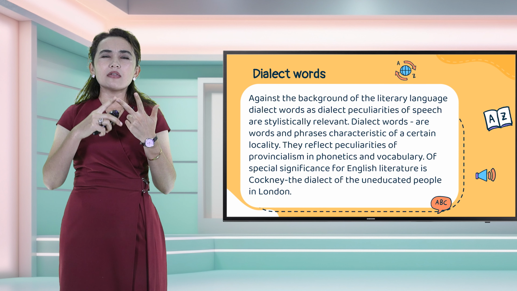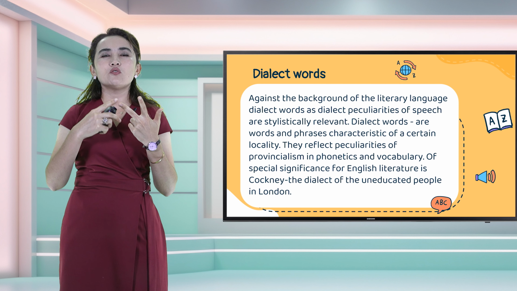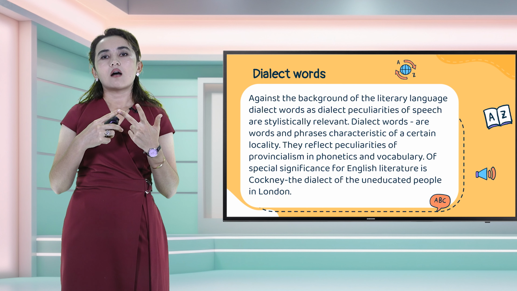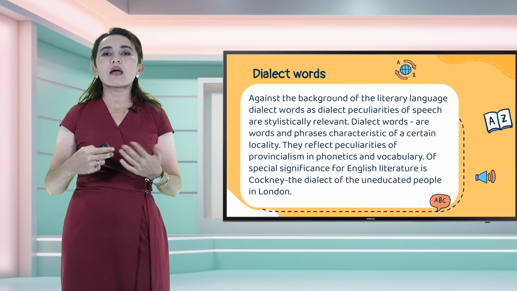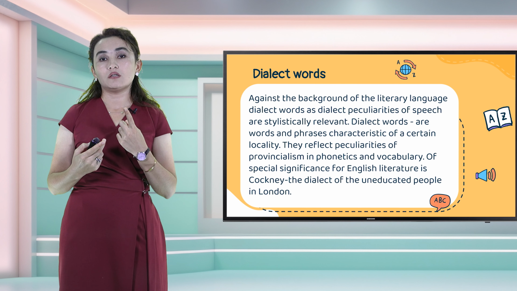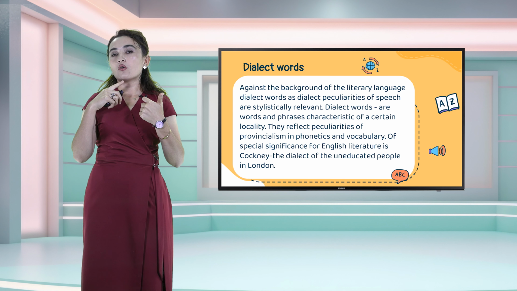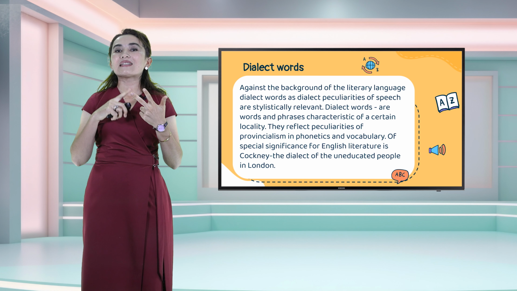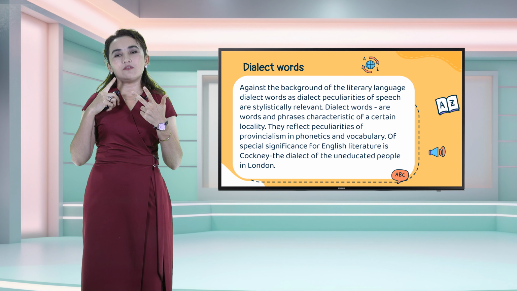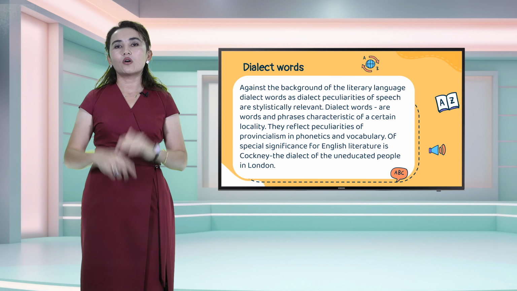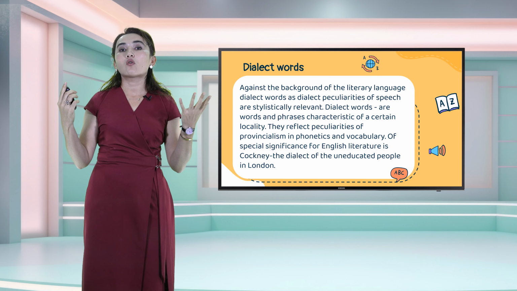So the main reason for using colloquial layer words is to make our language more emotive, more colorful, more expressive, and of course more impressive to our listener or our audience.